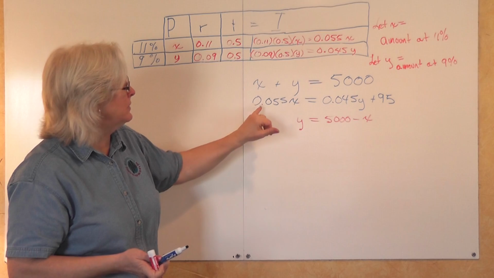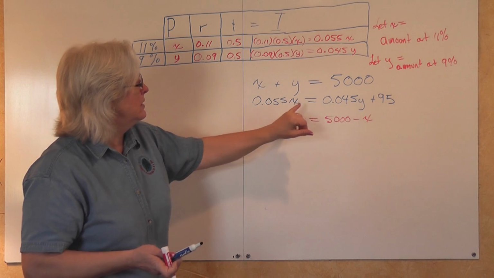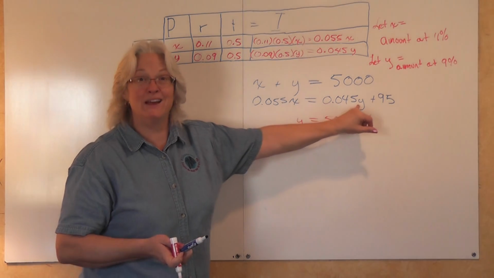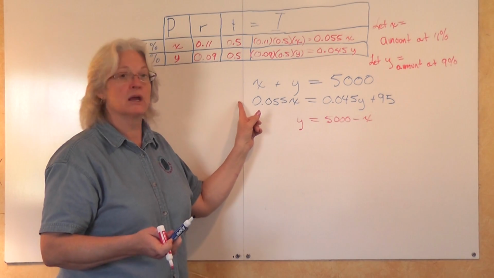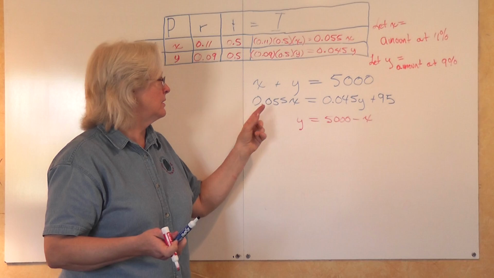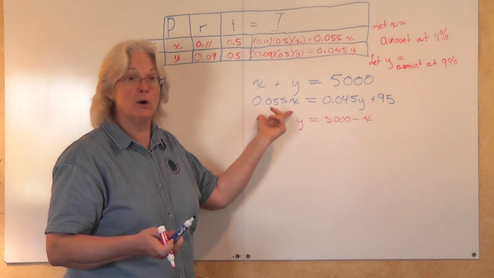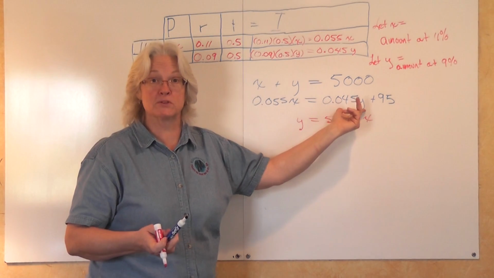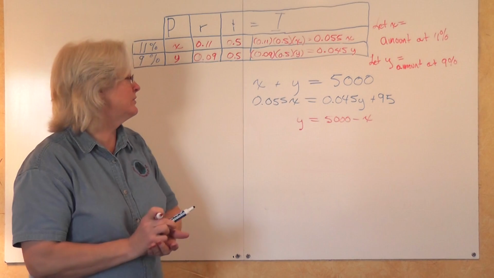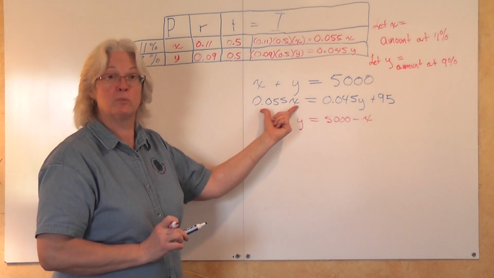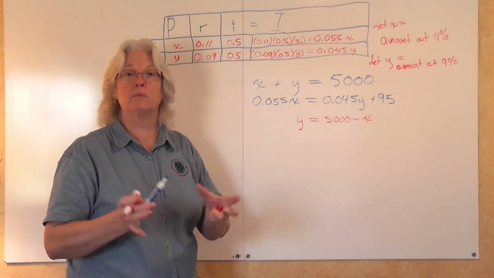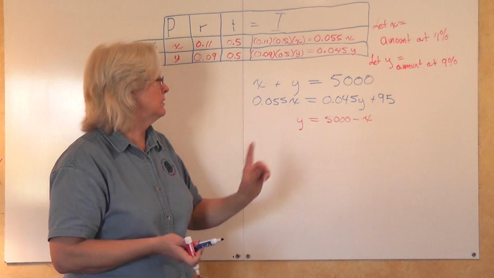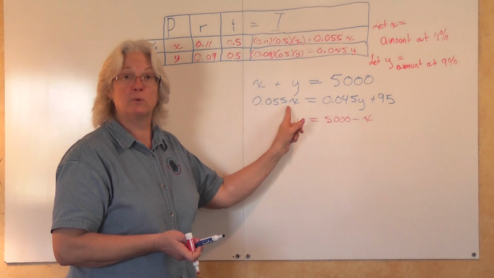However, this is complicated by the fact that we have a decimal number here. We want to clear the second equation of decimals, so we have only whole numbers in front of our variables. We only want whole number coefficients. What do I have to multiply by to eliminate the decimals? You multiply by the power of 10, 1, 2, 3 decimal places.